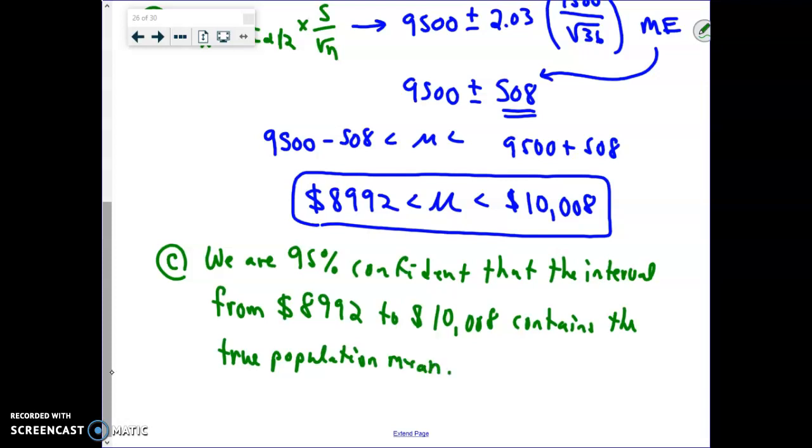Now, I don't have a problem if you write true population mean, or if you didn't want to write that all out, you could just say mu right there.